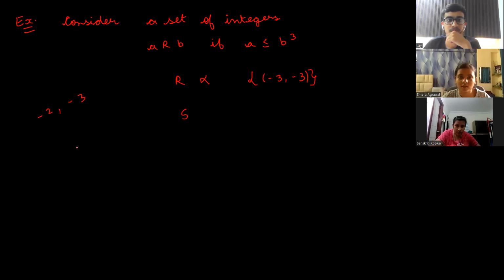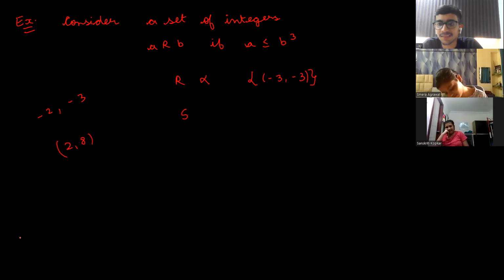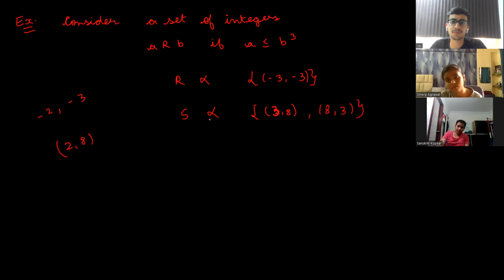But then if you take 8 as A, 8 is less than equal to 8. So 3 and 8, they are related, right? That makes it not symmetric. So (3, 8) and (8, 3) is one of the test cases in which it is failing.